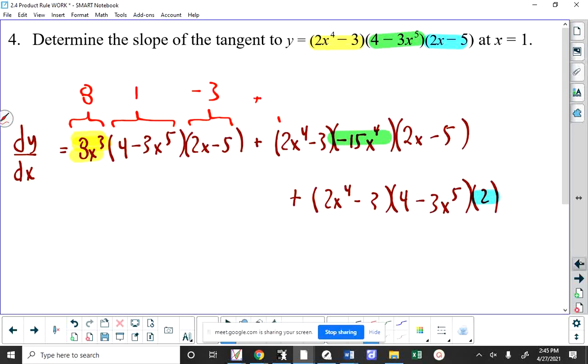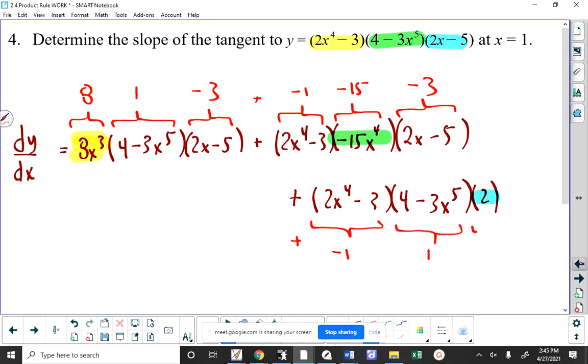Plus, this is negative 1. This is negative 15. This is negative 3. Plus, this is negative 1. This is 1. This is 2.